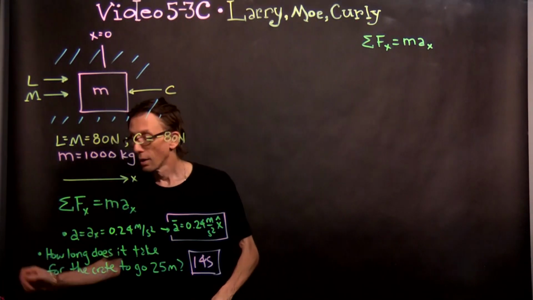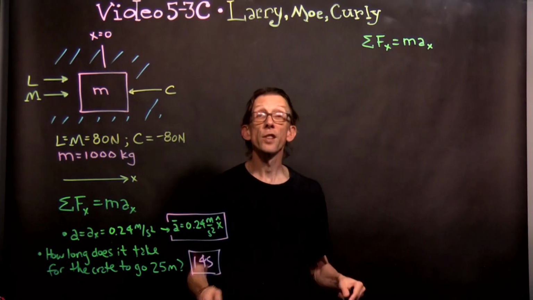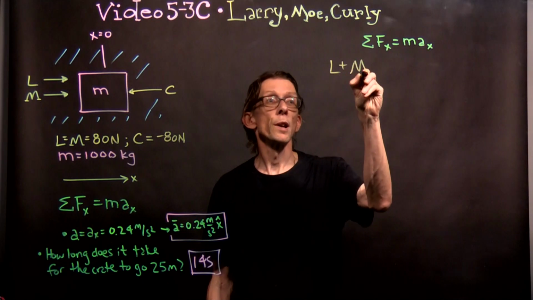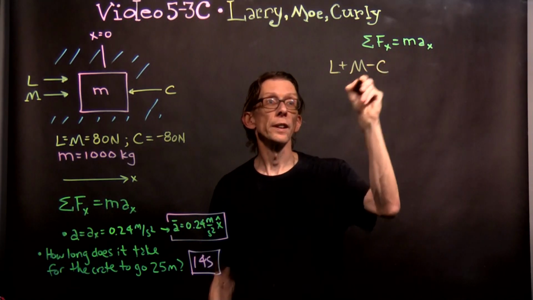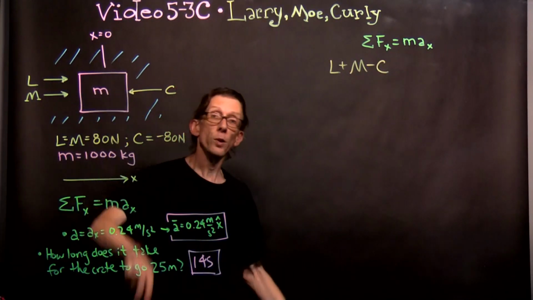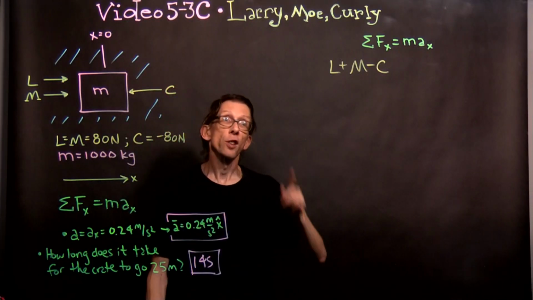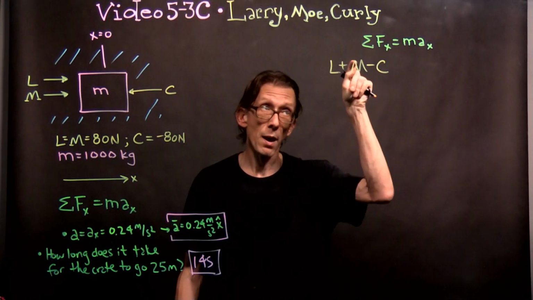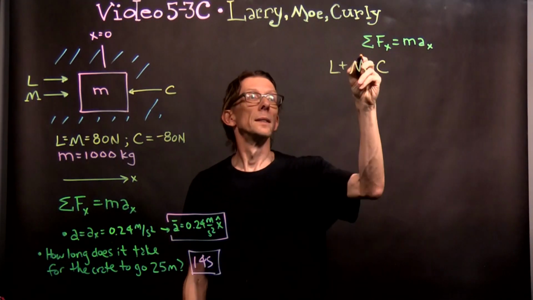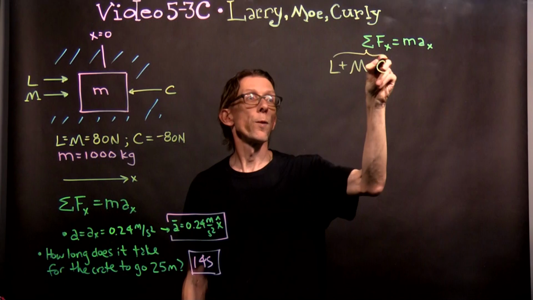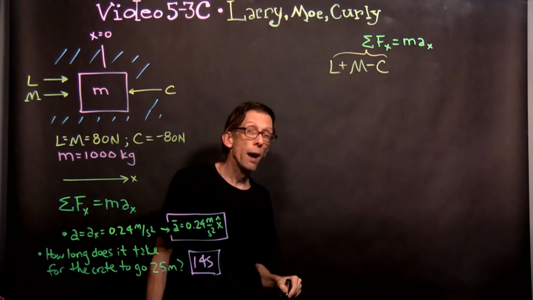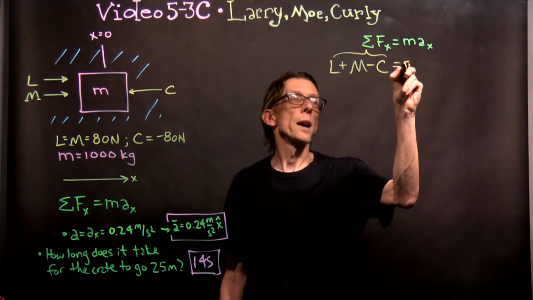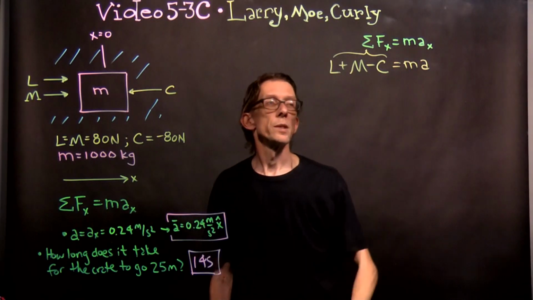Okay? So now what do we have for the sum of the forces? Now we're going to have L plus M, Larry and Moe, minus Curly. We have two positive forces and one negative force. So the sum of the forces now is not L plus M plus C, it's L plus M minus C. That's still the sum of our forces, but it's going to have a different value now. Equals the mass times the acceleration.